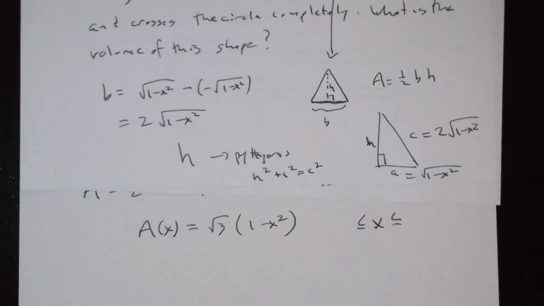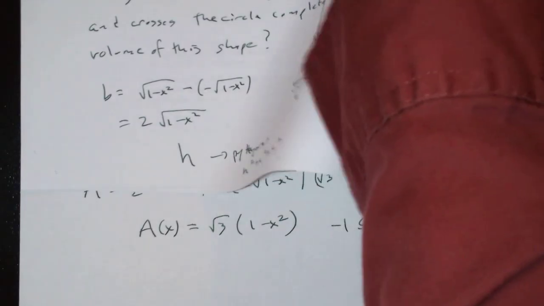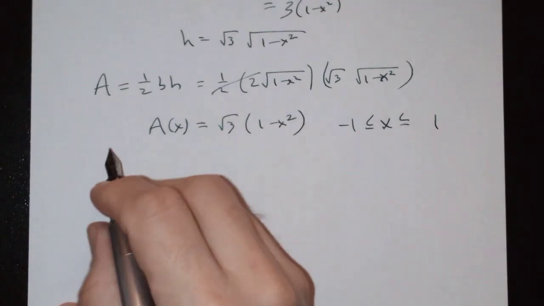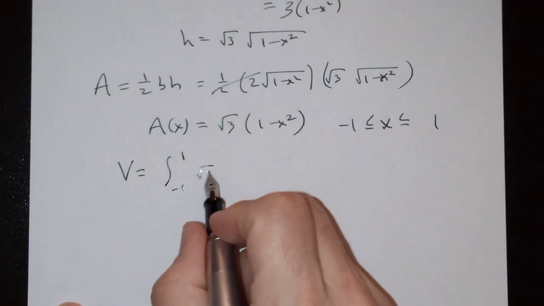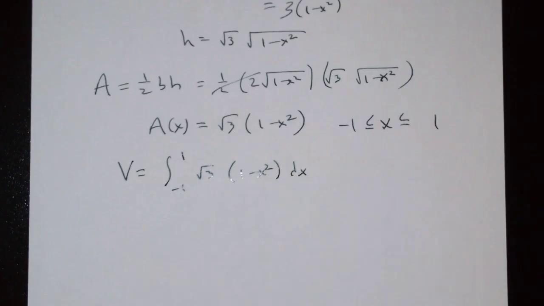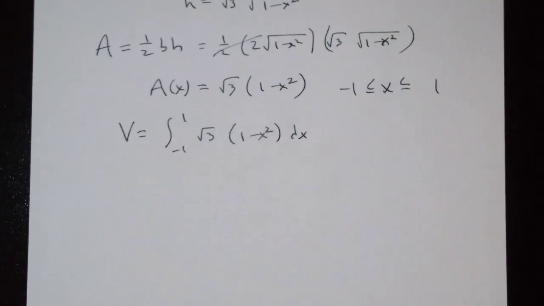What is the furthest left you can go and be inside this shape? And the furthest right? There you go. And that means I can actually do the volume as an integral. First of all, what do I do with the square root of 3?